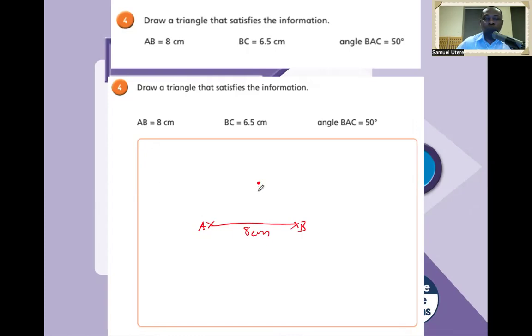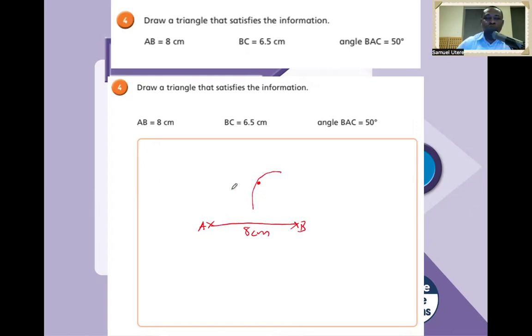For you to have BC to be 6.5 centimeters, you would open your compass to be 6.5 centimeters and then do an arc. From here, position your compass and then draw an arc that is 6.5 centimeters. So you do an arc like that. So your arc will probably be like that.